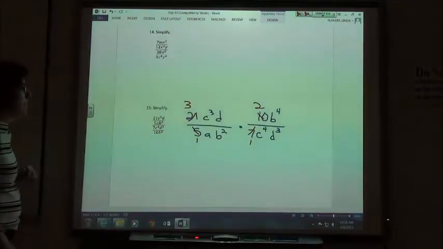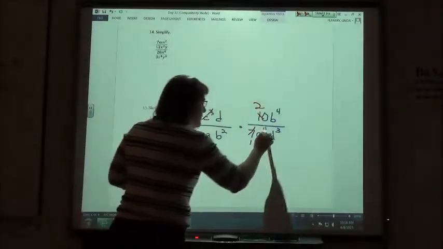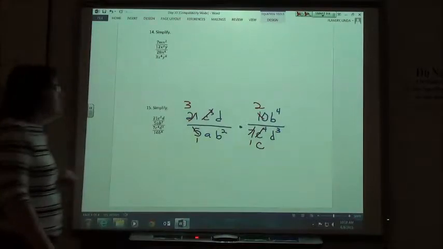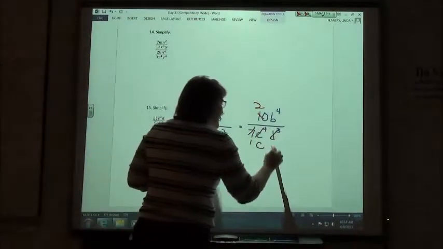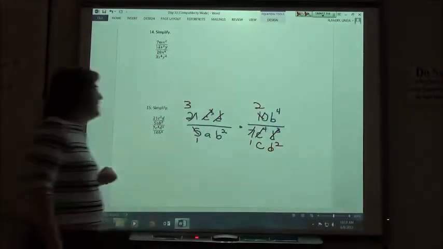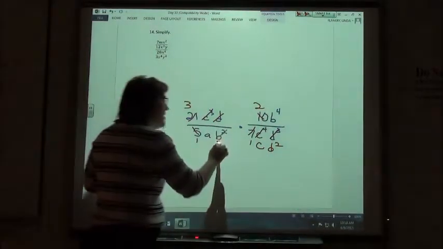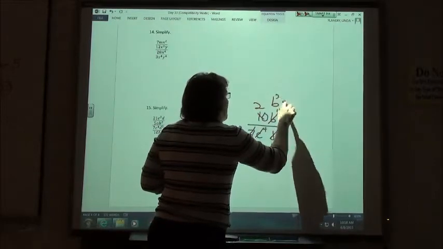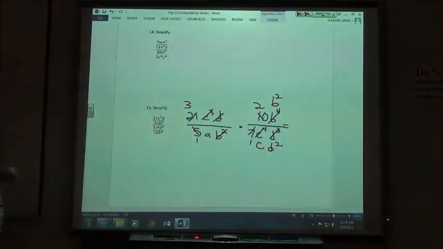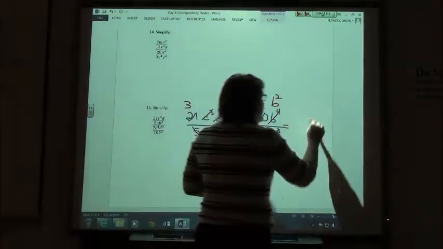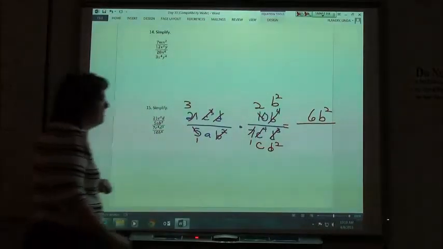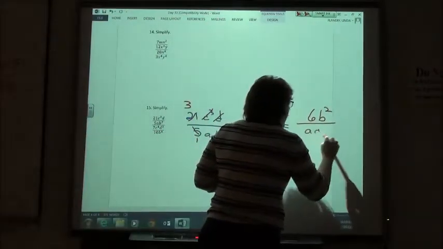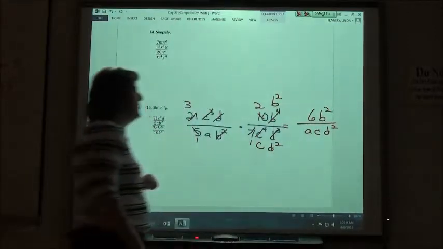Cancel out c to the third, cancel out one of the d's, and cancel out b to the second. And so on the top we're going to get 6b squared, and on the bottom, acd squared. Exactly.